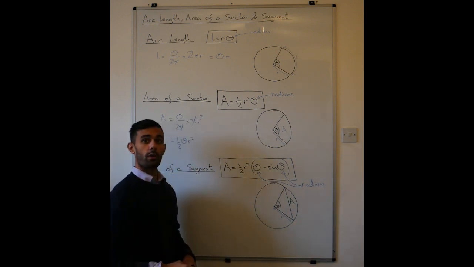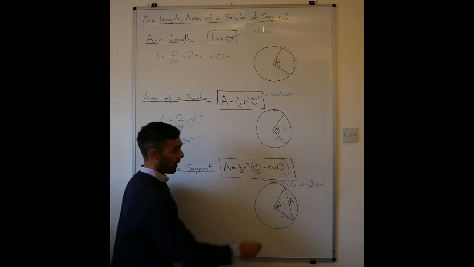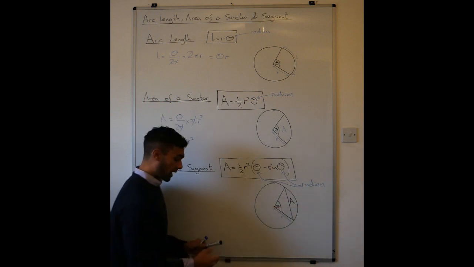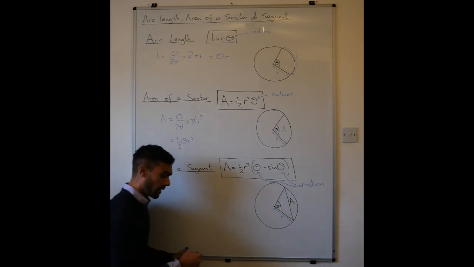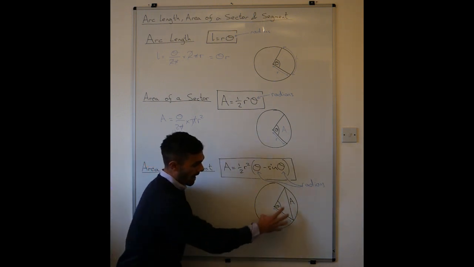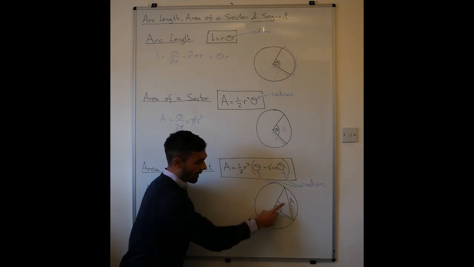Okay, we're going to have a quick look where this formula comes from. It takes a little bit longer to work it out. All right, to get the area of the segment, which I'm going to call A, it is the area of the whole sector take away the area of this triangle.